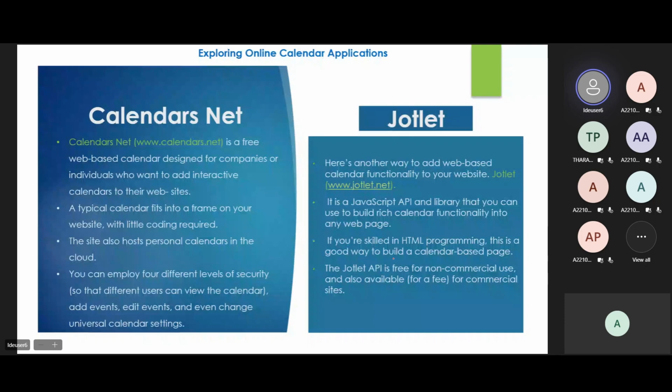Here the Jotlet API is free for non-commercial use and also available for your commercial sites. Okay, so it is free. This Jotlet API is free for both commercial and non-commercial use. But the thing with Jotlet and Calendars.net is that you should have some coding knowledge, so that you can include these calendars in your website.